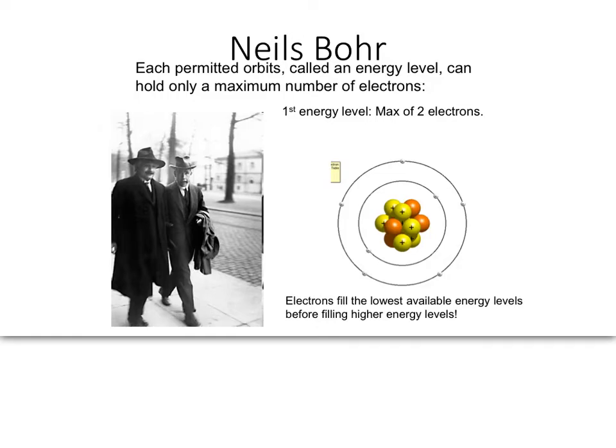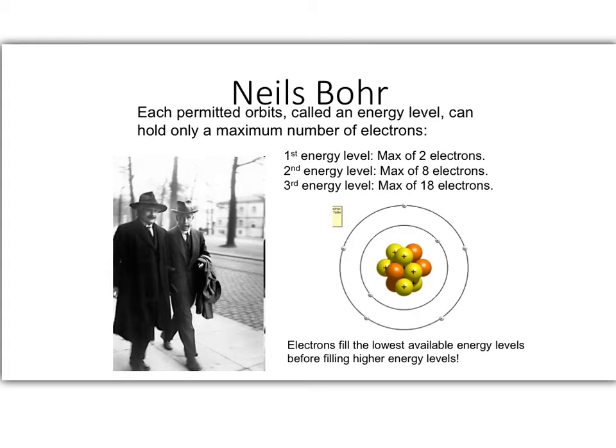Some examples of this: your first energy level, the one closest to the nucleus, can only hold 2 electrons. And then after that, it can only hold 8 electrons. And after that, 18 electrons. If you take a quick look at your periodic table and you sum these numbers up, helium has 2 electrons.